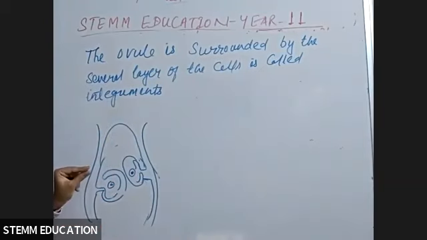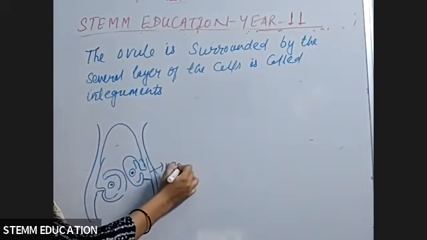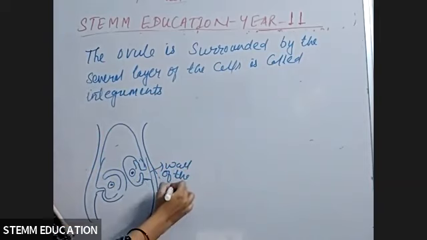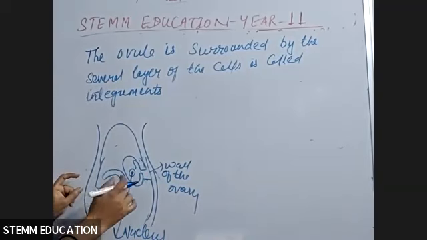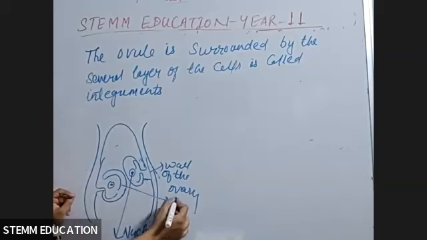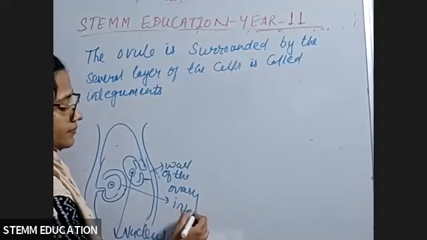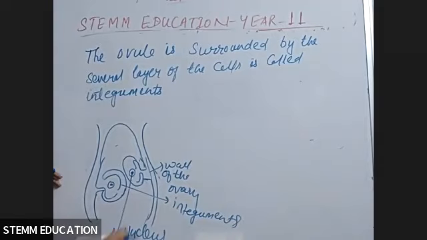Here, this is the wall of the ovary. This shaded part is known as the nucleus. And this one is known as integuments. The integuments are the outer covering of the ovule.